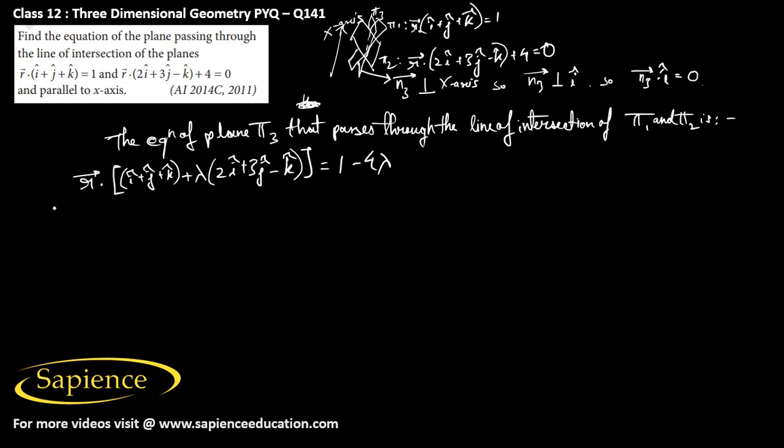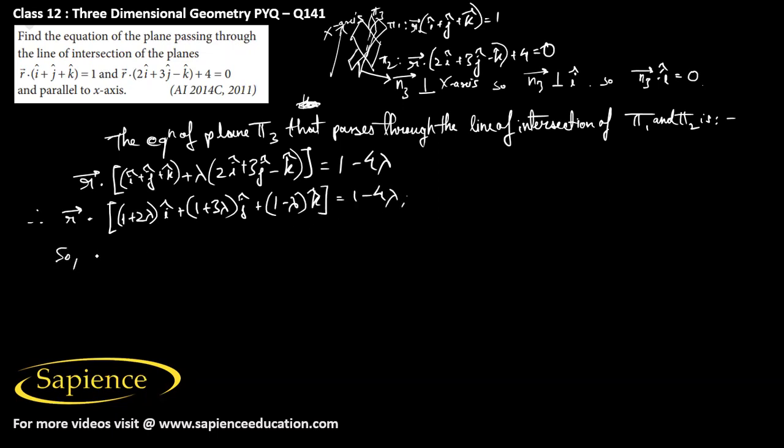And so therefore, we can write it as r vector dot ((1 plus 2 lambda) i cap plus (1 plus 3 lambda) j cap plus (1 minus lambda) k cap) equal to 1 minus 4 lambda.